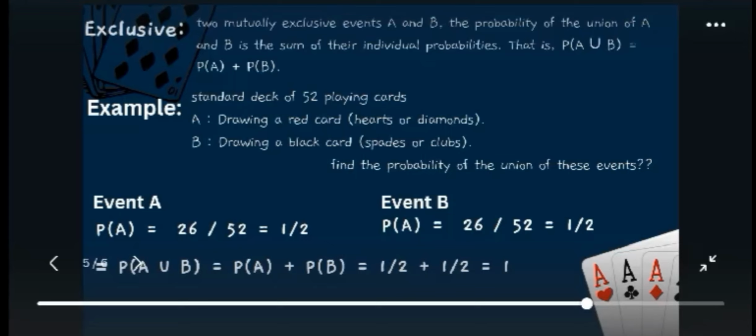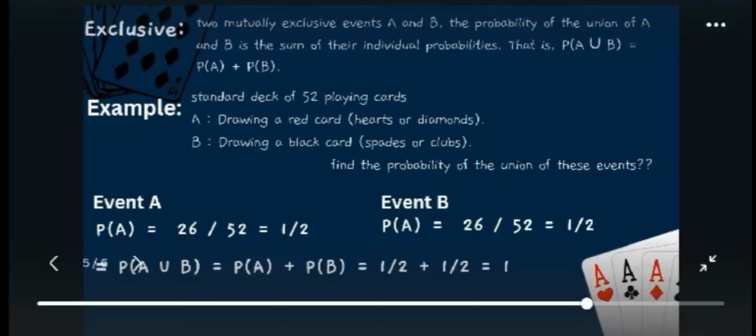Since events A and B are mutually exclusive, their union is simply the sum of their probabilities. Probability A union B equals probability A plus probability B equals 1/2 plus 1/2 equals 1.